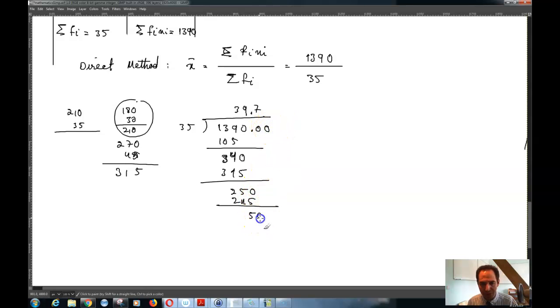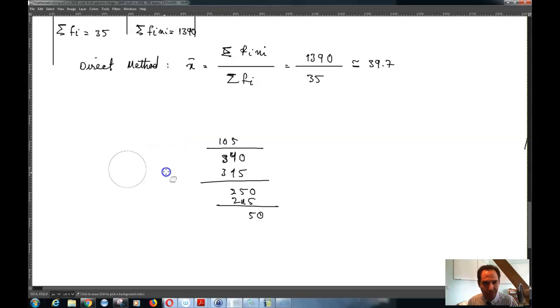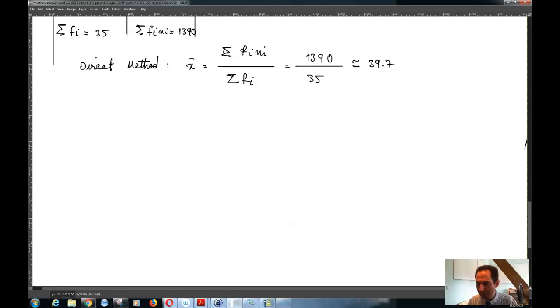If you put a 0 here, you get 39.7, approximately 39.7. So this is your mean based on the direct method.